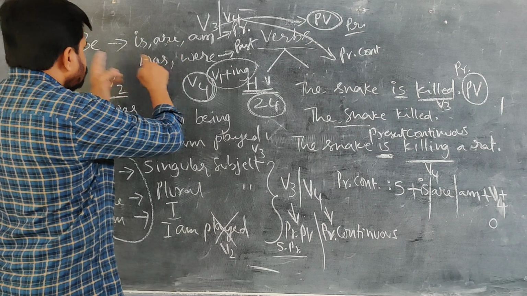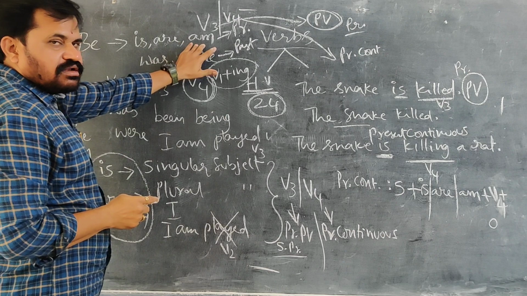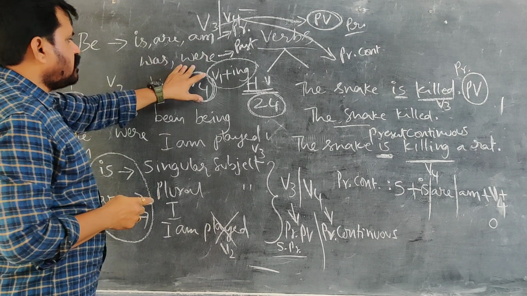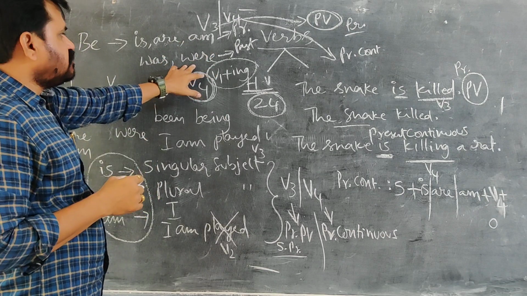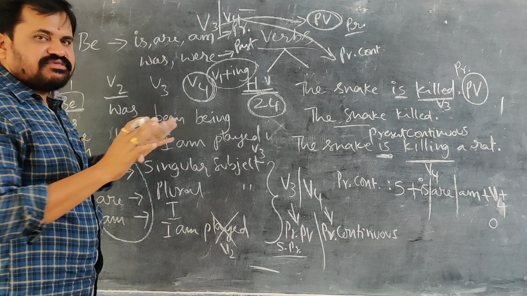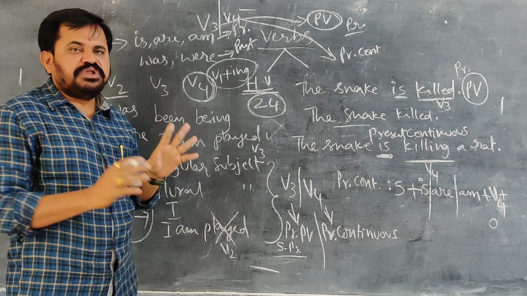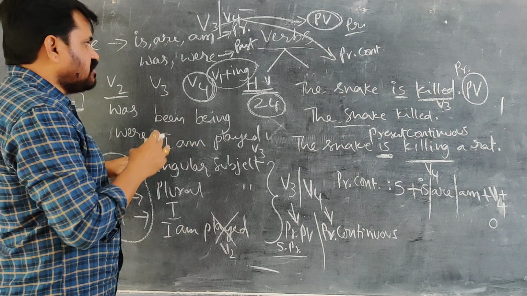Once again, I say be forms are 5: is, are, am, all of which are present tense. Was, were are related to past tense. You can use these as they are. Whenever you use them as they are, it becomes simple present tense or simple past tense.